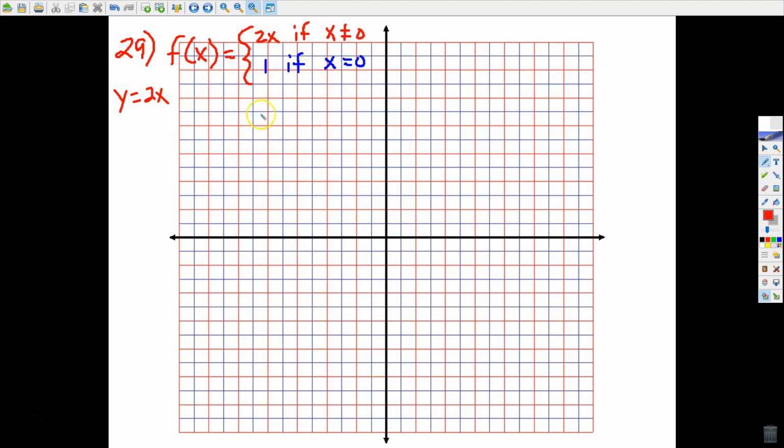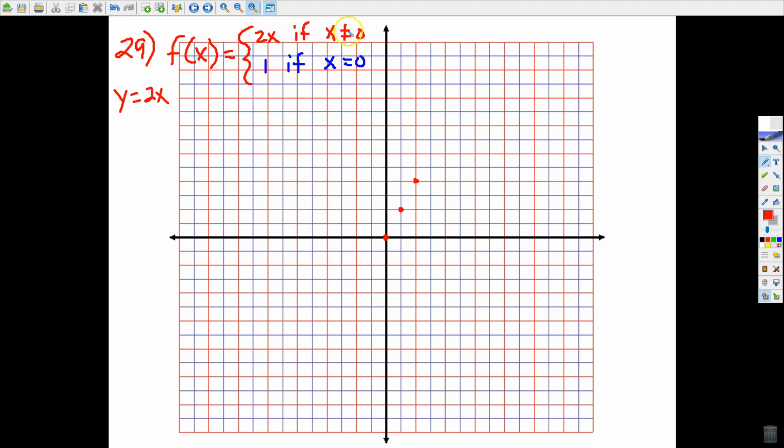Okay, so let's just start off like we're used to doing, and we're going to put a y-intercept of 0, and from there we'll count out a slope of 2, up 2, right 1, up 2, right 1. Now what I'm going to do this first time is go ahead and graph this whole line, and then we're going to come back and take a look at the domain restriction, this part right here that says x cannot be 0.